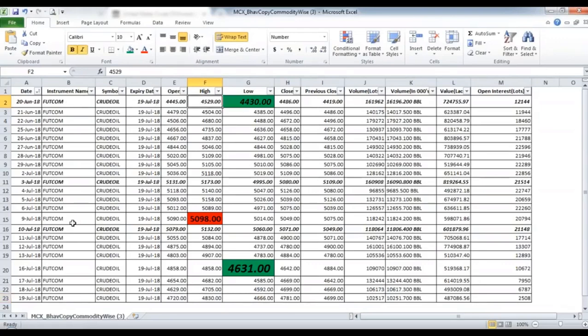Now, during this entire month, 300 or 400 rupees volatility is normal, because it is about 10% of the contract value. Volatility is very normal in crude. You can expect this, so don't worry about it.